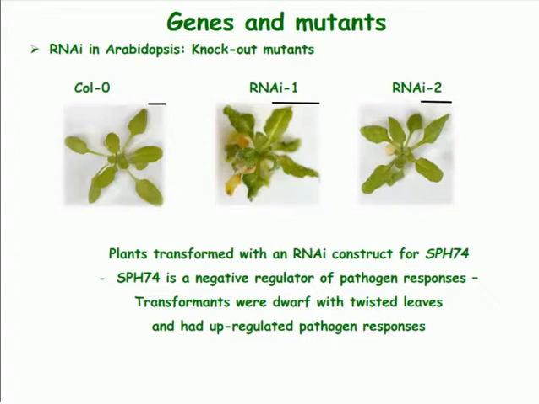If you knock it down, you get an effect as if a pathogen were interacting with the plant. In this case, you see the leaves get twisted compared to the wild type, and some of them are quite dwarf, very small, and starting to die. That is what normally happens when there is a pathogen. They just want to get rid of the leaf that has been affected.